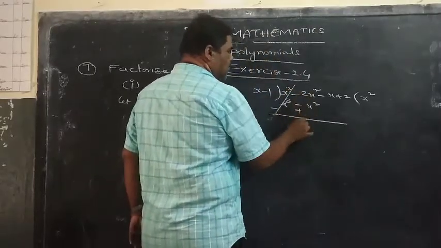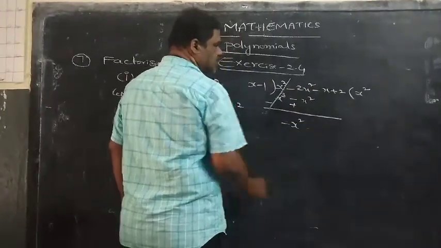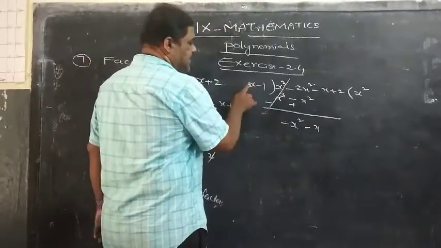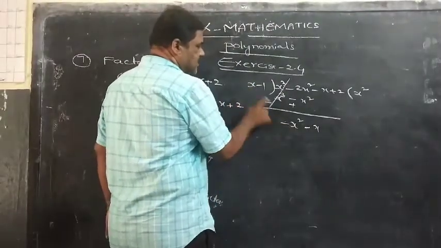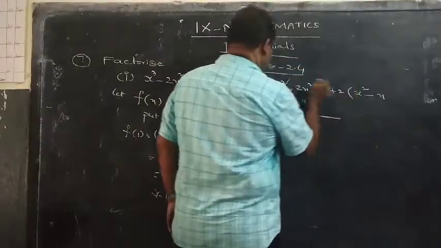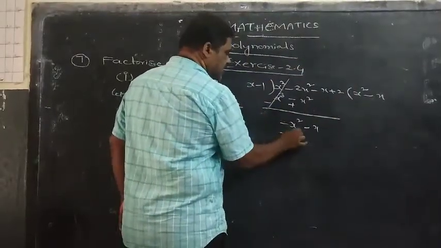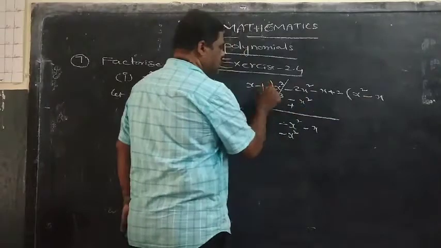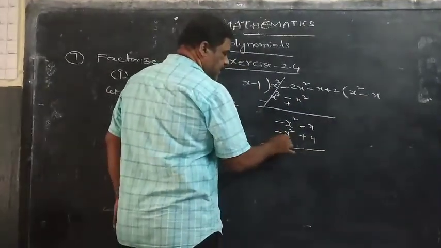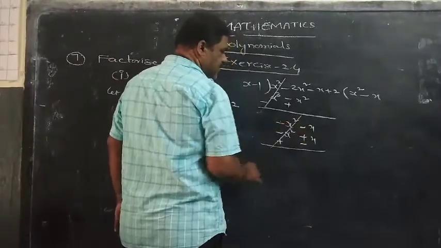Minus 2x square plus x square is minus x square. Here minus x is the next term. X into how much is equal to minus x square? Minus x. Minus x into x is minus x square, minus x into minus 1 is plus x. While subtracting, let us change the signs.